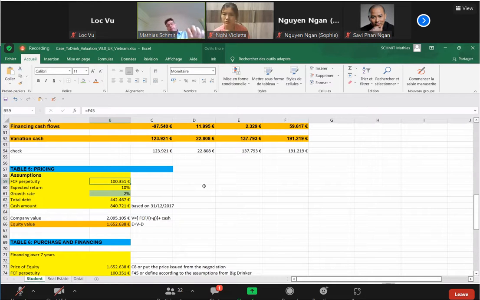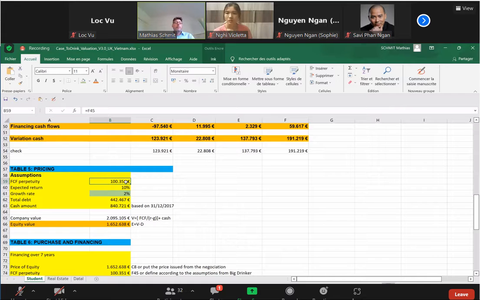In fact, they wanted to buy this brewery, and they said, because we can save a lot of costs in administration, and we can also improve the working capital requirement because we manage better the inventories, and also the collection period of the clients and so on.